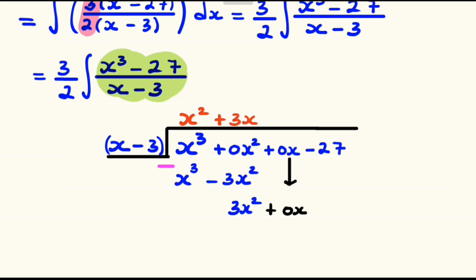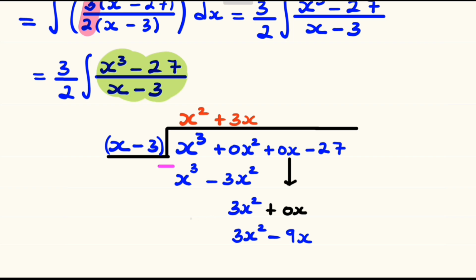Taking the very same 3x, we multiply it with the x minus 3. 3x multiplied by x will be equal 3x squared. 3x multiplied by negative 3 will be negative 9x.